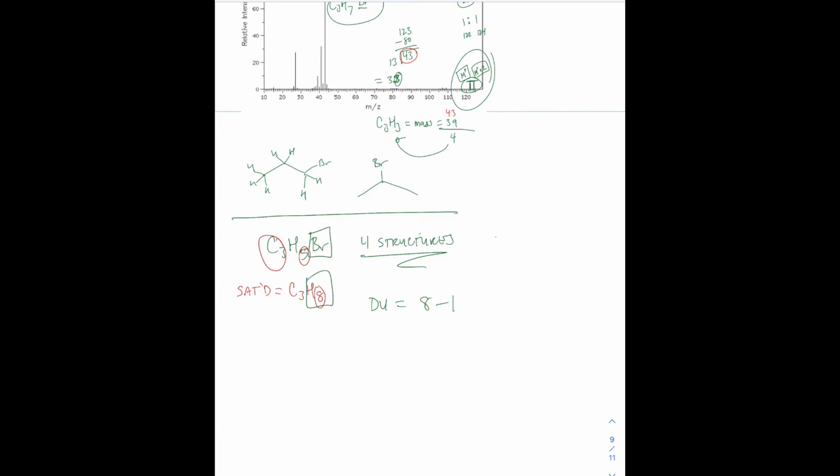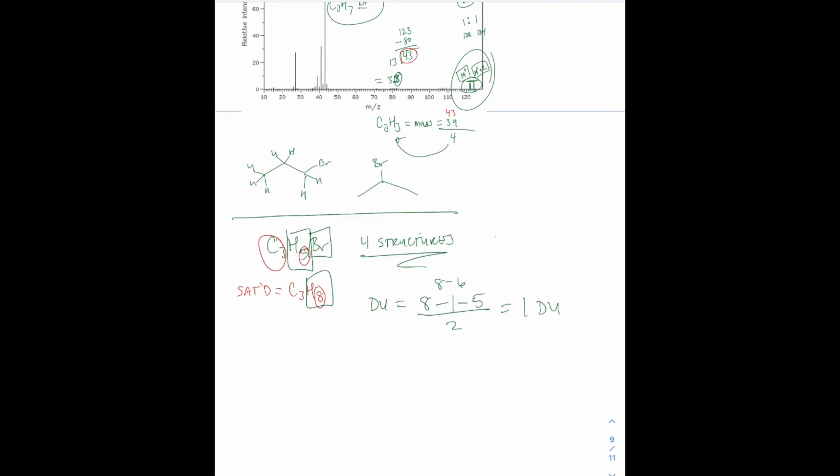or X atoms, which is 1, minus the number of hydrogens in the compound in question. And so that's 5. Divide all of that by 2, and that gives us 8 minus 6 divided by 2, which is 1 degree of unsaturation.